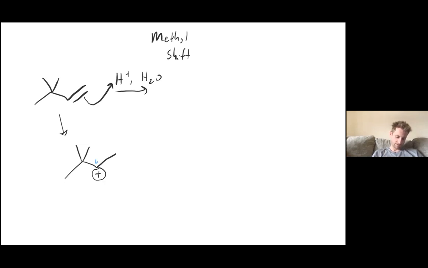It is secondary. Its neighbors are primary and quaternary. Nobody cares about the primary one. So there is no longer a hydride to shift because these are all CH3s. We don't have any hydrides at this point. So all we can do is shift one of these methyl groups.